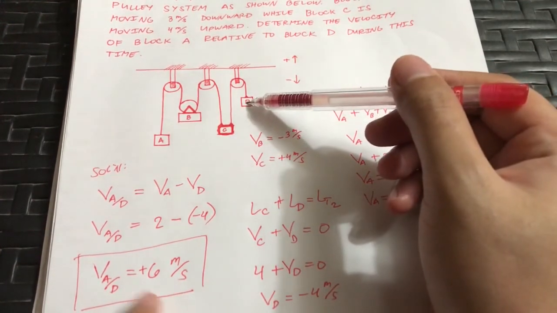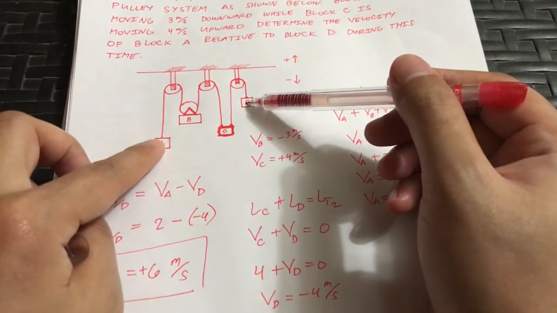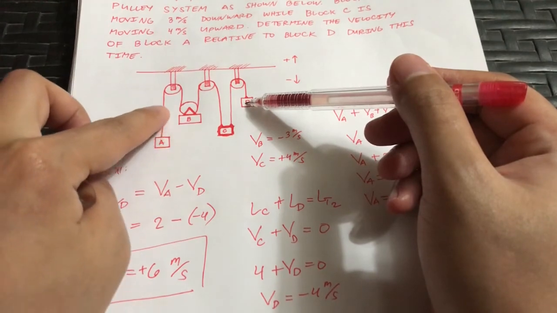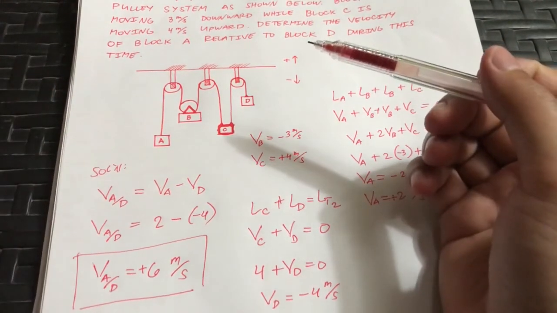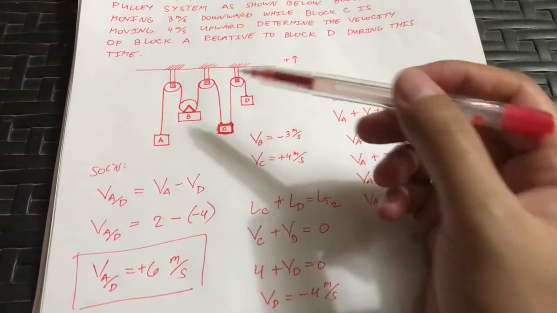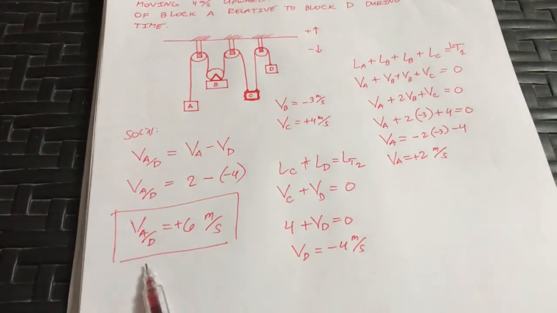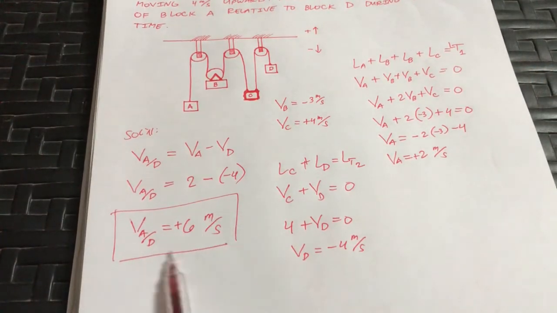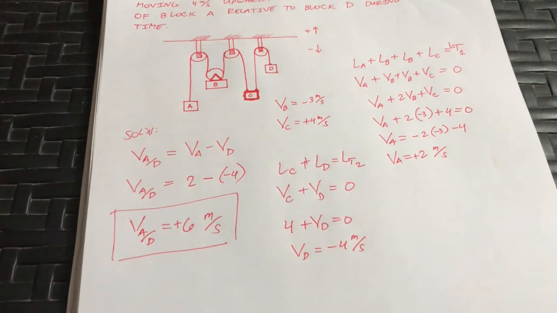That is what is meant by relative motion. So we have the answer for this problem, 6 meters per second.